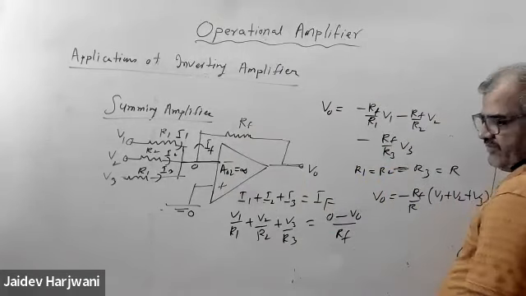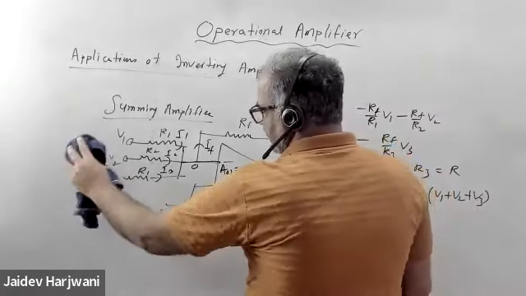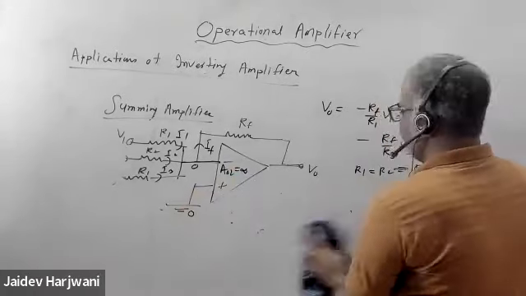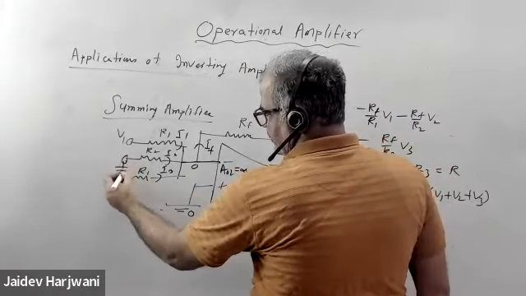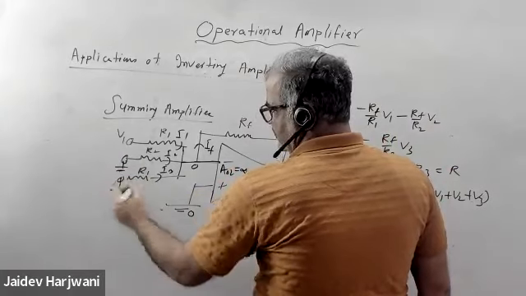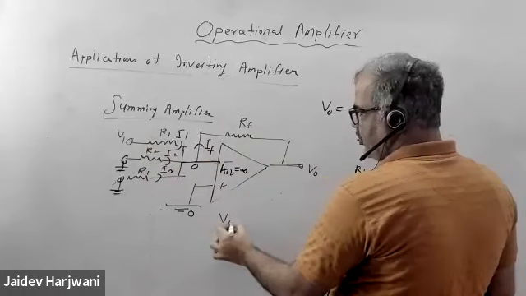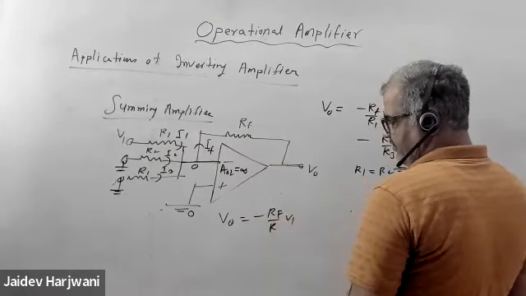So this is a summing amplifier. Now, superposition principle: if you want to calculate the output, you make the other sources ground. If you want to calculate due to only V1, your output will be V01 equals minus RF upon R1 V1.